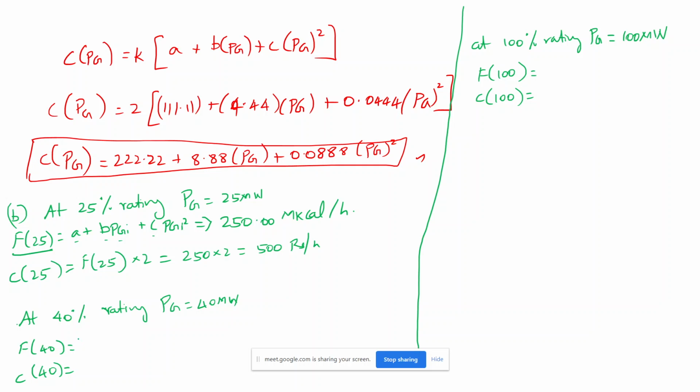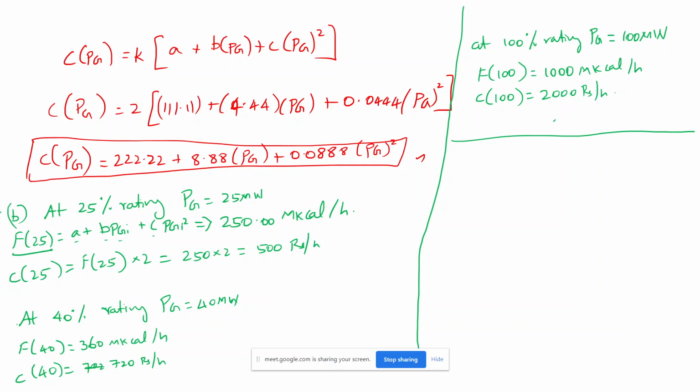If you solve the same equation, for F40 you will get 360 mega kilocalories per hour, and then cost you will get 720 rupees per hour, and then for 100 we will get 1000 mega kilocalories per hour, and then cost you will get 2000 rupees per hour. So that's all. We got B also.